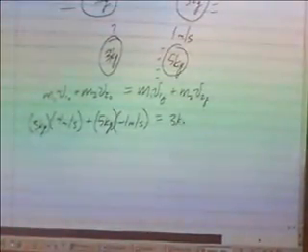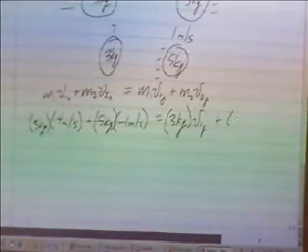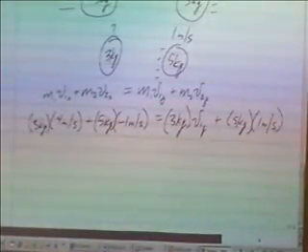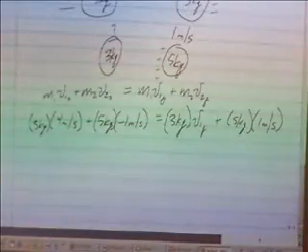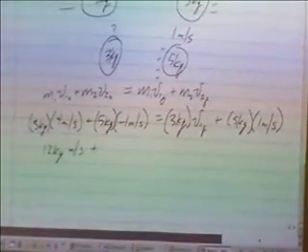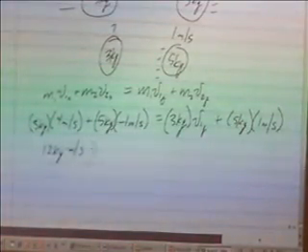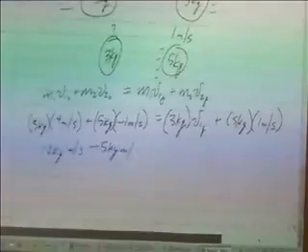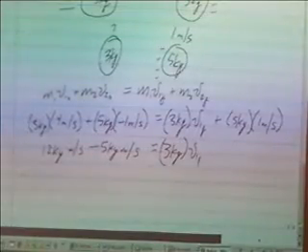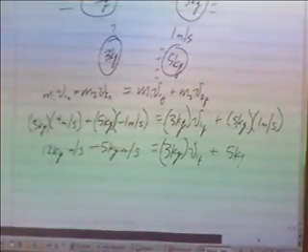M1 is 3, and V1 final is unknown. M2 is 5, and its final velocity is positive 1 meter per second. So this is 12 kilogram meters per second. This is -5 kilogram meters per second. And that equals 3 kilograms times the unknown V1 final, plus 5 kilogram meters per second.